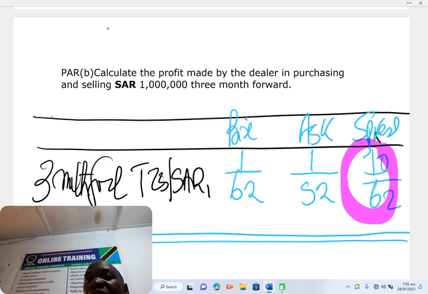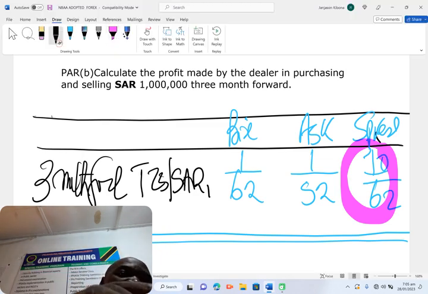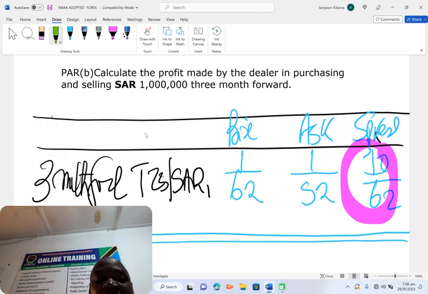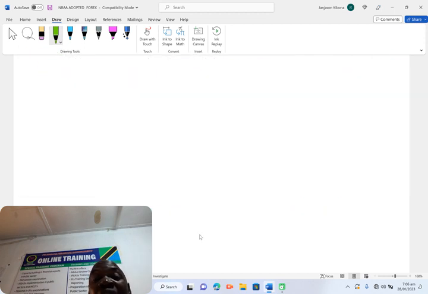Do you see? So you just write it simple that on trading, profit, so we're saying spread.